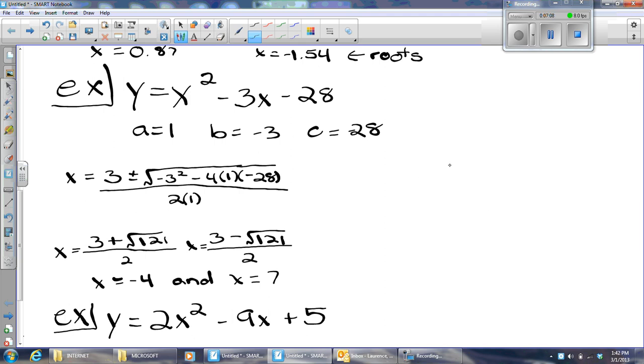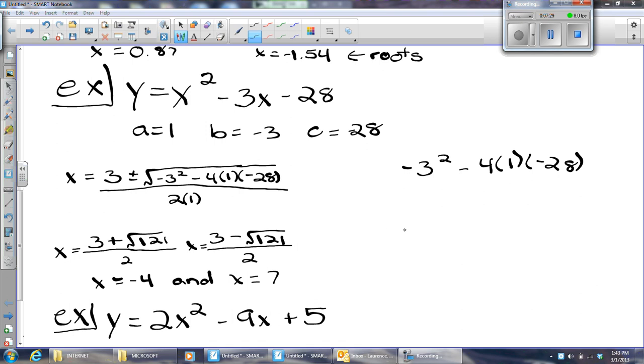And let's just do this real quick. If we were to find our discriminant, we would have -3 squared minus 4 times 1 times -28.